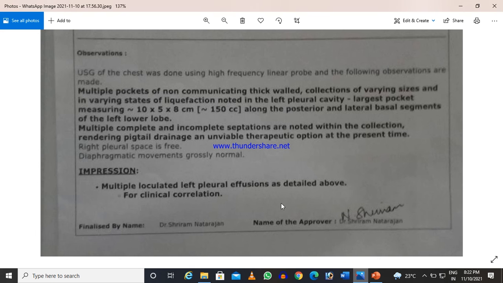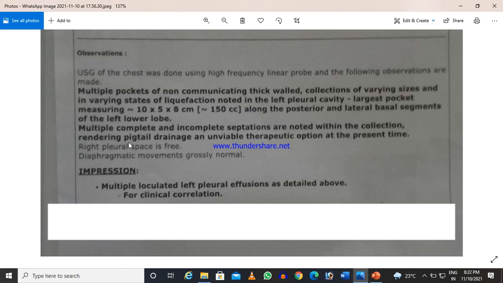So here is one line. You see, the rendering pleural drainage an unviable therapeutic option at present time. It's not possible. So what is that?